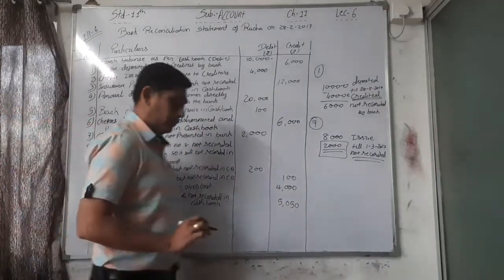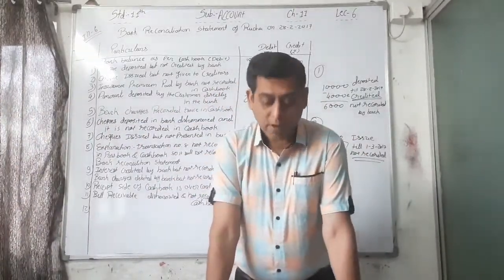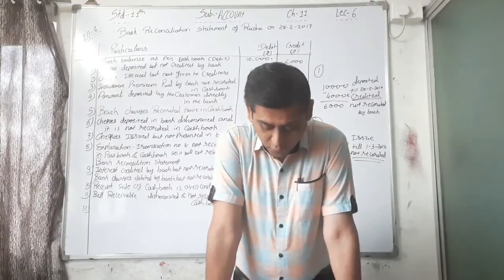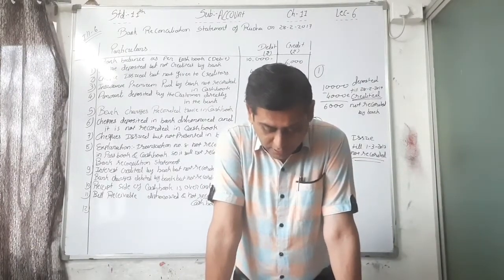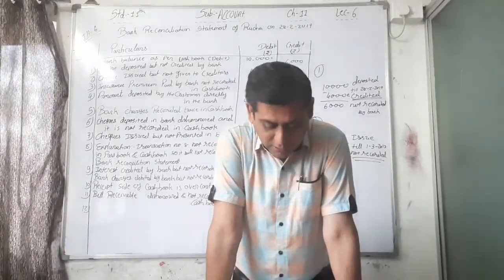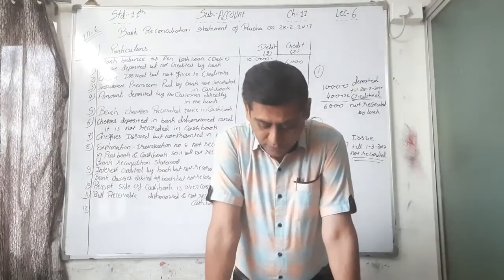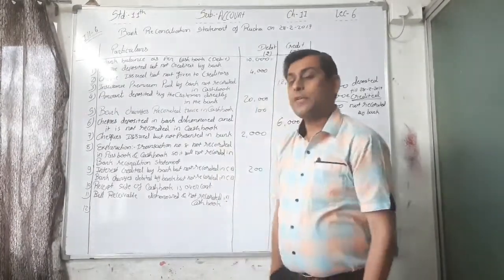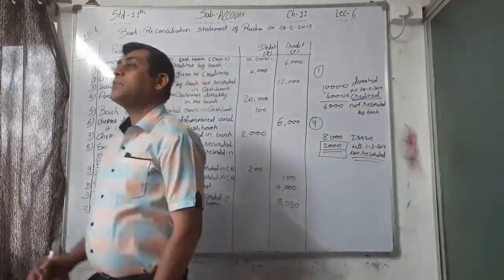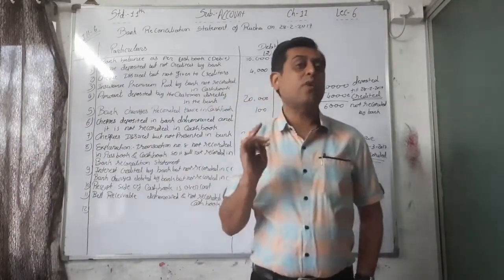12th point. Bills payable of rupees 3,000 maturing after 1 month was retired by the bank under the rebate of rupees 100 on 28 February 2017, which is not recorded in the cash book. Here 3,000 rupees bills payable is there, which we have to pay after 1 month.